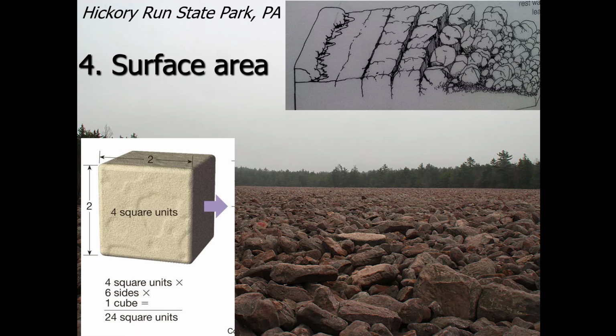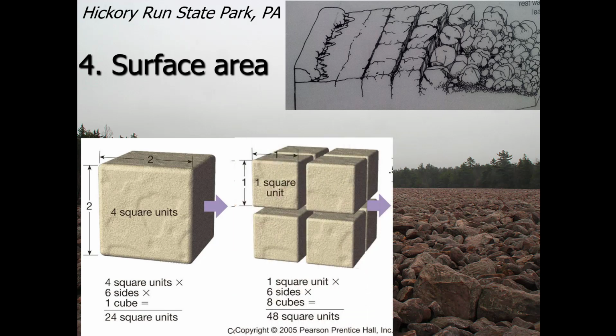So a rock that is 2 feet by 2 feet has a surface area of 24 square feet if it is a cube. If you take that same 2 foot by 2 foot rock and break it into 8 pieces, like you see here, the surface area doubles. Because you have 8 cubes, it increases dramatically.